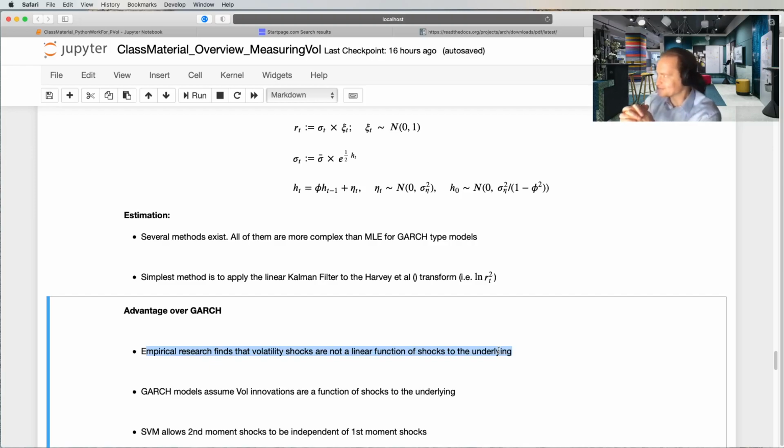Risk-free asset. Okay. Now, let's say the interest rate is 0, which it is as of now. Then you can ignore the risk-free asset.